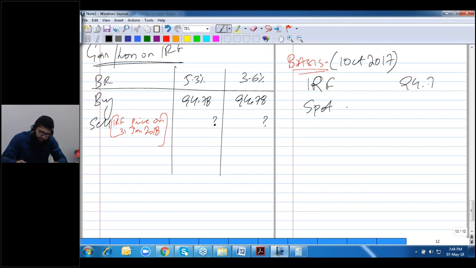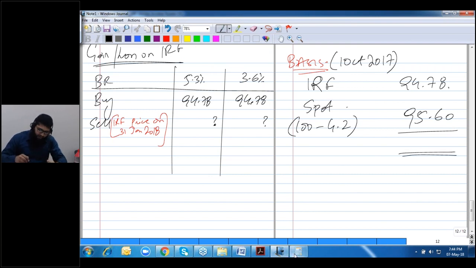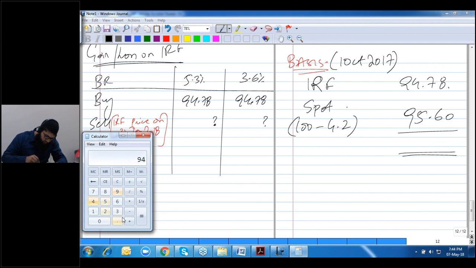We have an IRF of 94.78. The spot rate is 100 minus 4.2, so the spot rate is 95.80. If we compare this 95.80 and 94.78, what is going to be the difference?